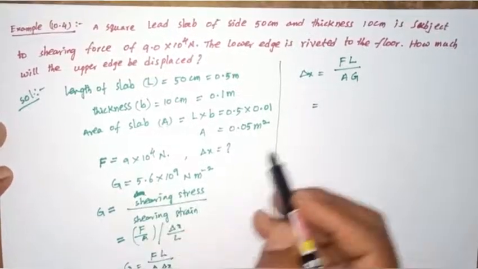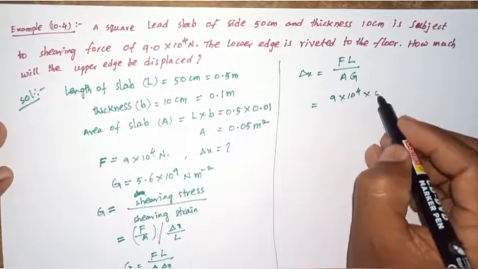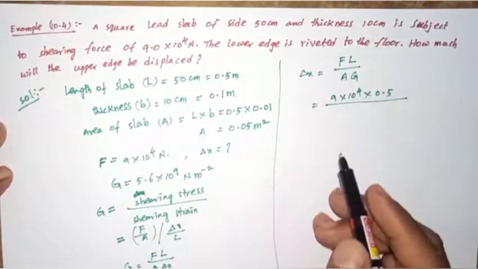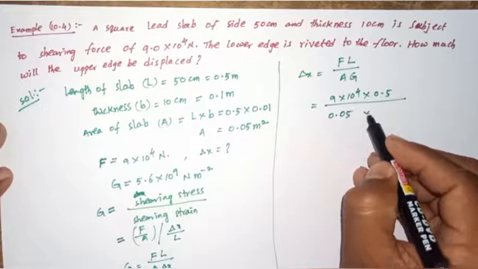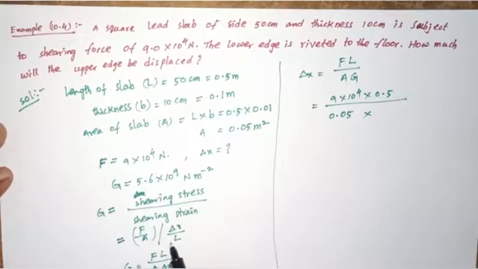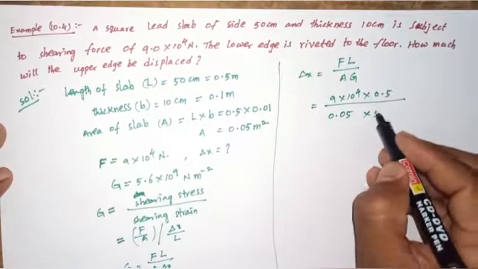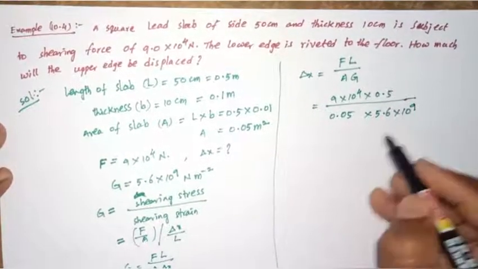So F equals 9 into 10 to the power of 4, L equals 0.5, divided by area equals 0.05, into G equals 5.6 into 10 to the power of 9.